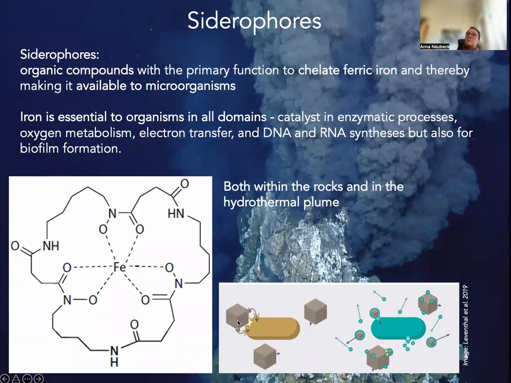Here is an image showing how they can do it. Either they attach themselves directly to the rock, releasing the siderophores, extracting the iron directly, or they can release the siderophores, for example, in a plume, and the free-flowing siderophores will combine with the iron and make it available to the microorganism. There are pros and cons to both ways. The pro for attaching directly to the rock is that they can control exactly how much iron they want and only extract the amount that they want.